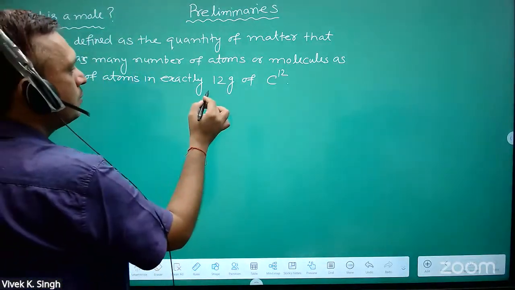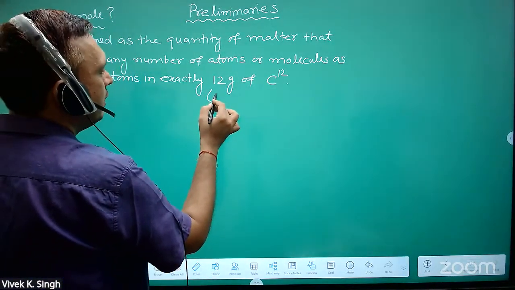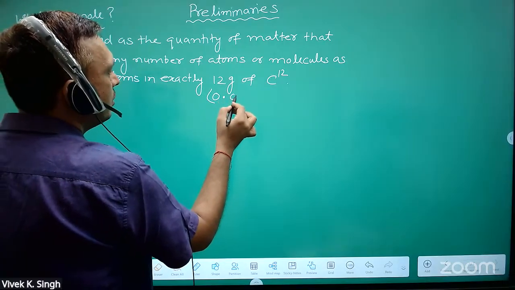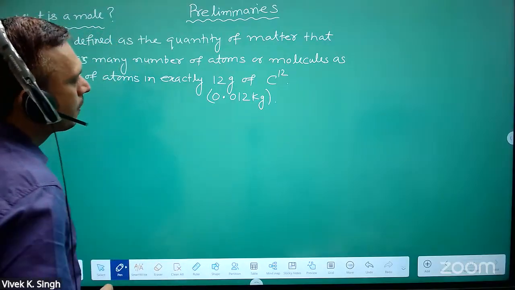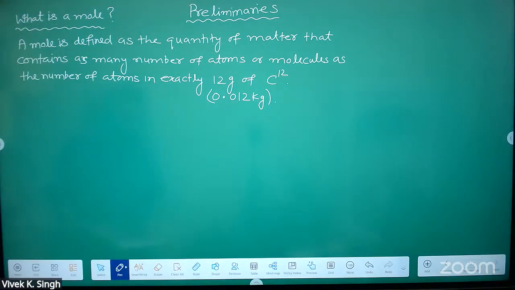So 12 gram, or in kg, 0.012 kg. So that is the definition.